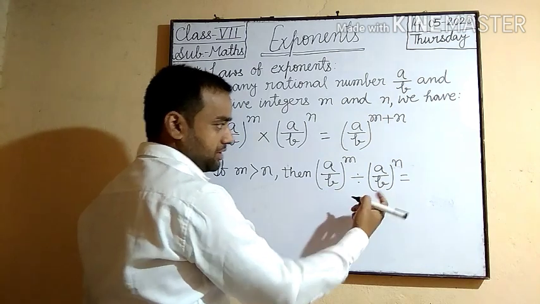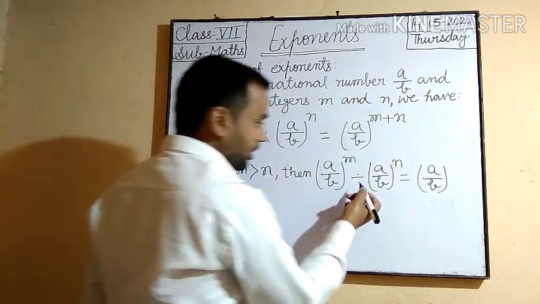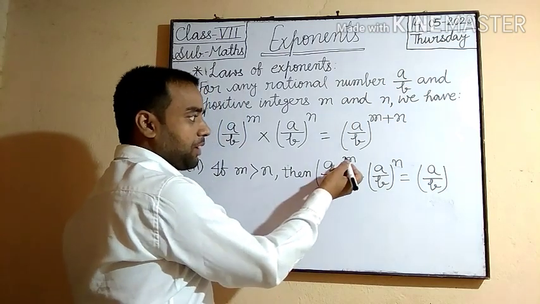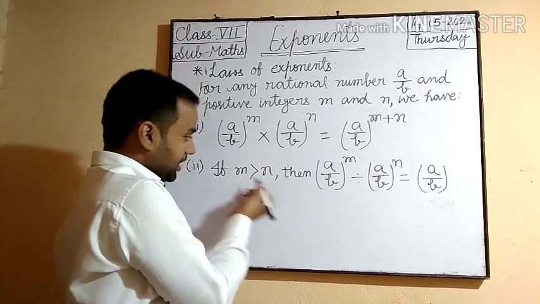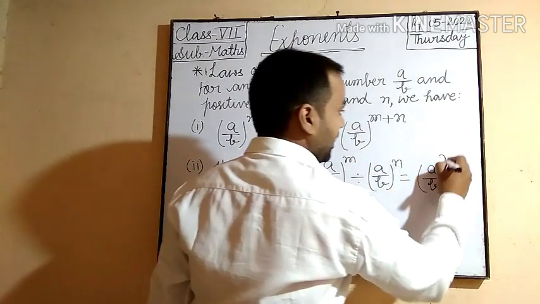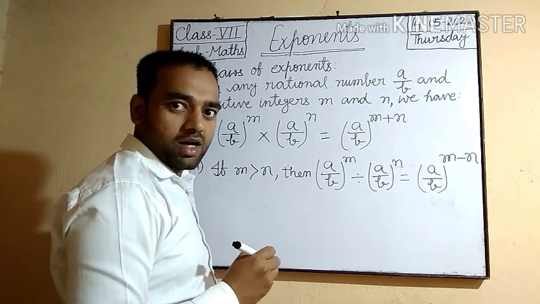Here the base is the same, so write the base a by b. When both terms are divided, the power will be subtracted: greater minus smaller. Here greater is m, so write m minus n. Are you getting my points?